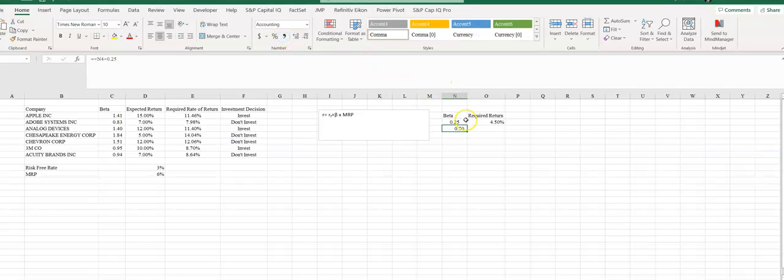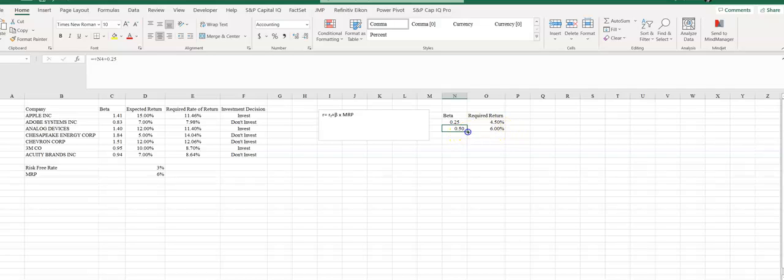Let's center these in here. 0.25 plus 0.25, it is 0.50. And if I copy this in here, it will just give me the required return for 0.50 beta.